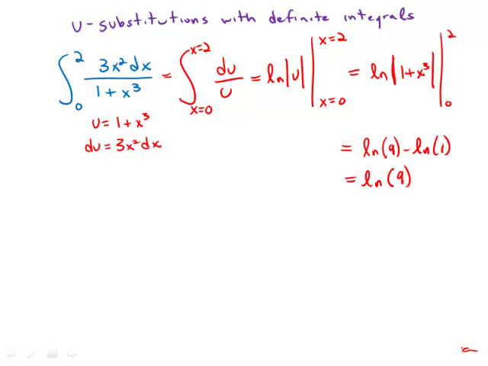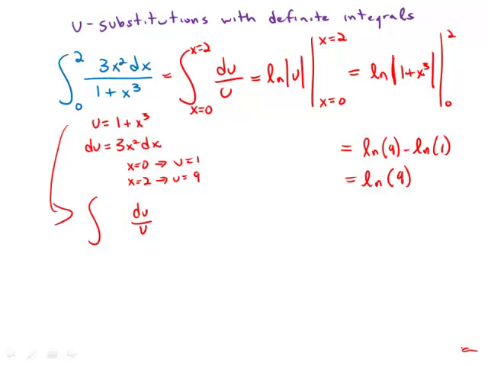And of course, this is just log 9. Another choice we would have, a completely different route through the problem, is when we got to this point of rewriting the integral, du over u, right there we could just rewrite the limits in terms of u. So when x equals 0, u equals 1. When x equals 2, u equals 9.